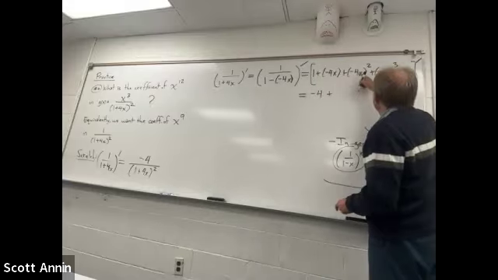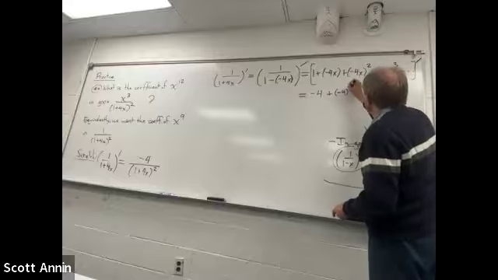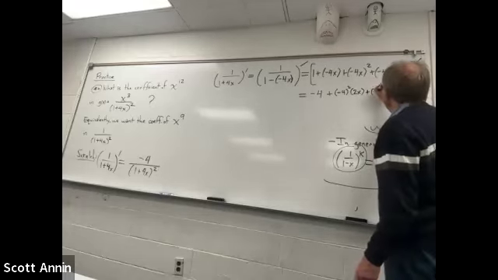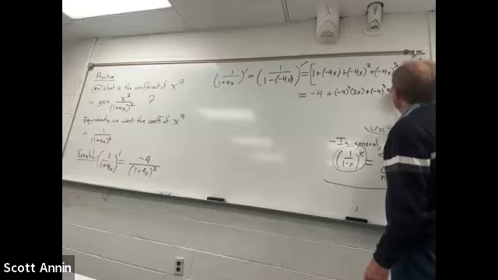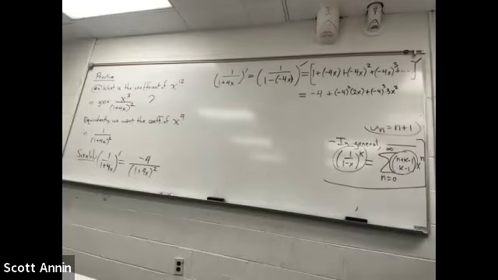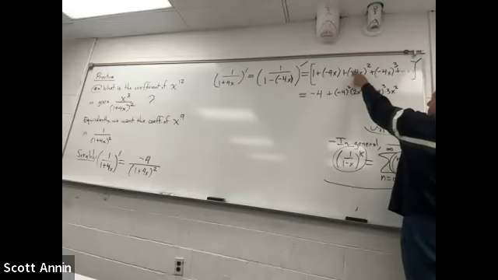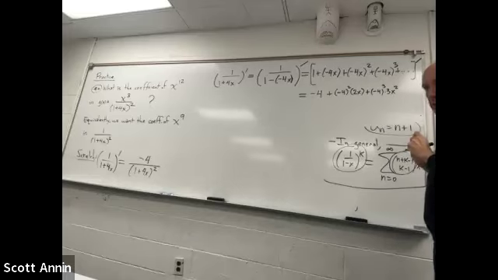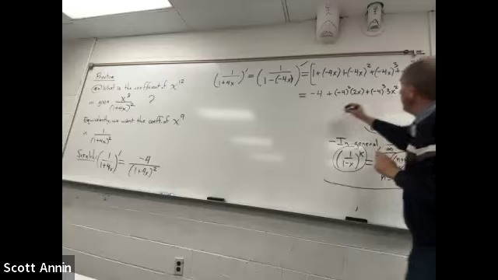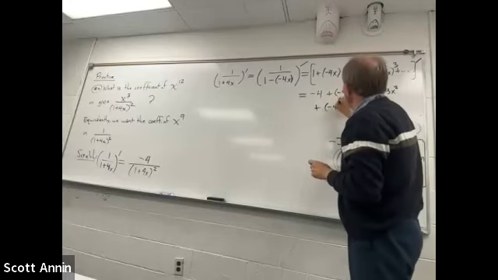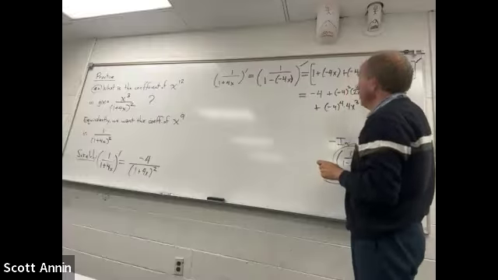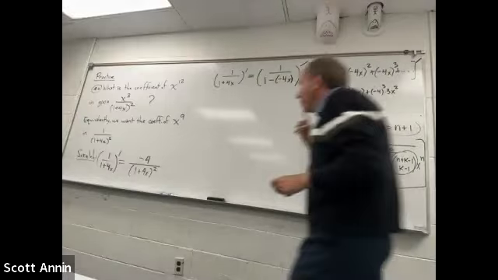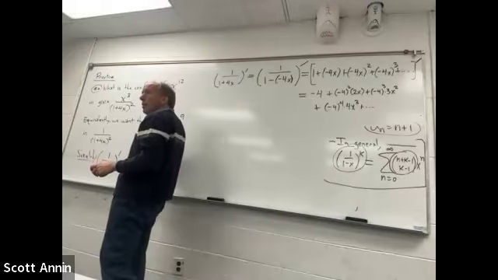This is just negative 4 squared times 2x. Let's just do it that way. And then this one is negative 4 cubed times 3x squared. So I'm splitting this apart as negative 4 squared times x squared, negative 4 cubed times x cubed. And then the next term would be negative 4 to the 4th times 4x cubed. And I go on and on and on. And which coefficient am I looking at? It's x to the 9th that I want.